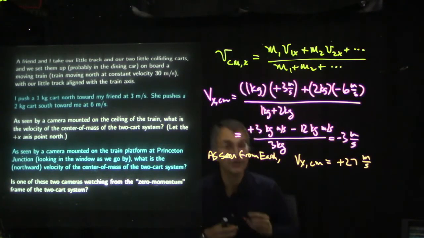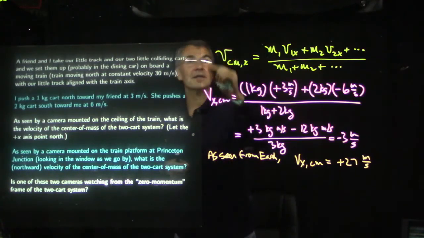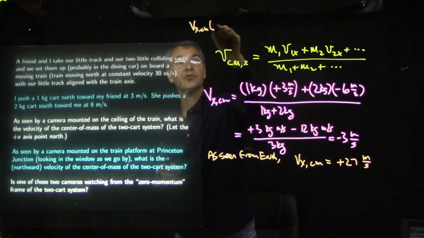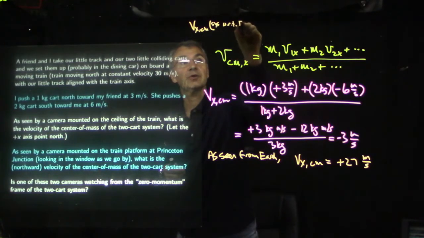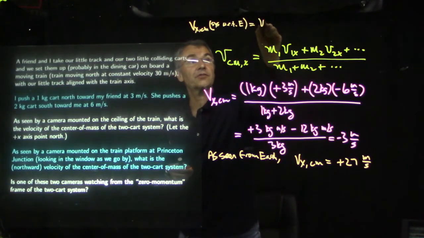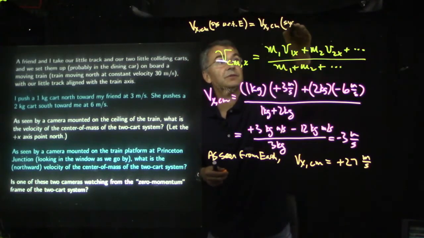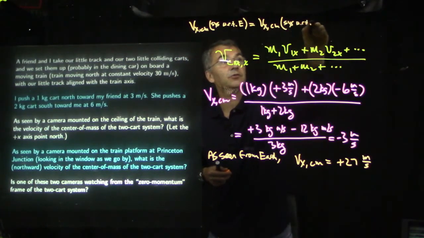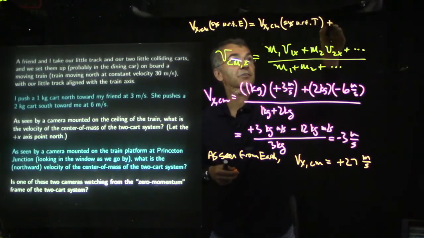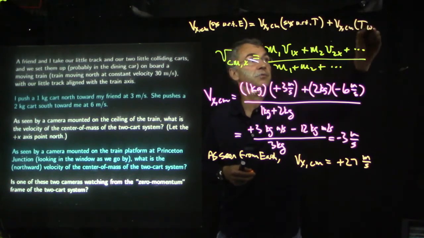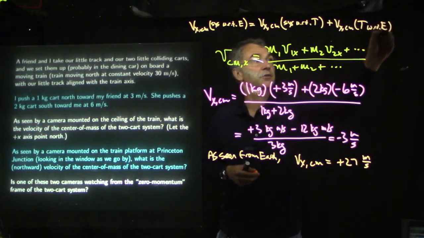And that's because I'm going to say VXCM of the system with respect to Earth is VXCM of the system with respect to the train plus VXCM of the train with respect to Earth.